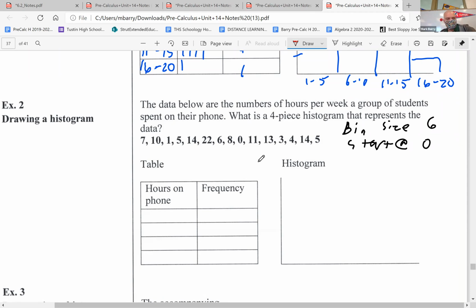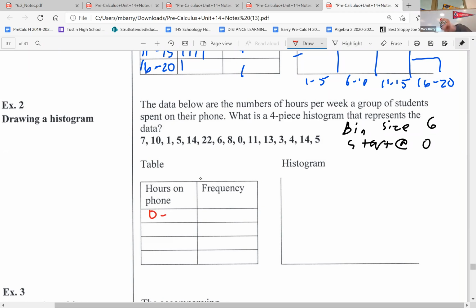If they didn't give you a bin size, which I'm telling you they are going to, but if they didn't, you just have to make sure you're choosing a bin size that would allow you to fit all of the data in there, okay? So you could try something out, and if you have some numbers that are too big, you have to redo it, okay?